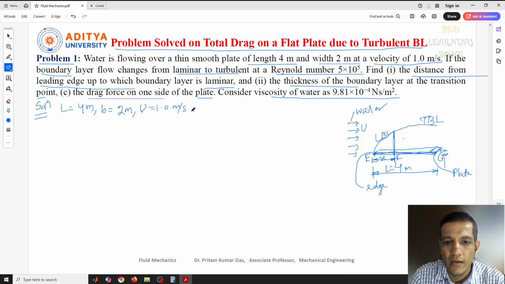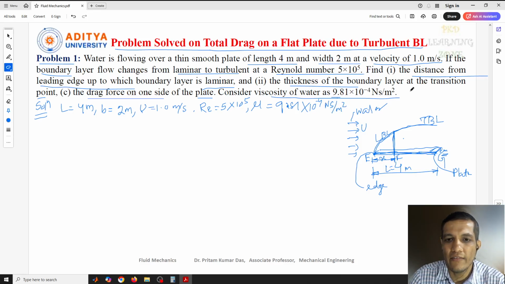The flow changes from laminar to turbulent, up to a distance we don't know. The Reynolds number is given as 5 into 10 to the power 5, and the viscosity of the fluid is mu equal to 9.81 into 10 to the power minus 4 Newton second per meter square.